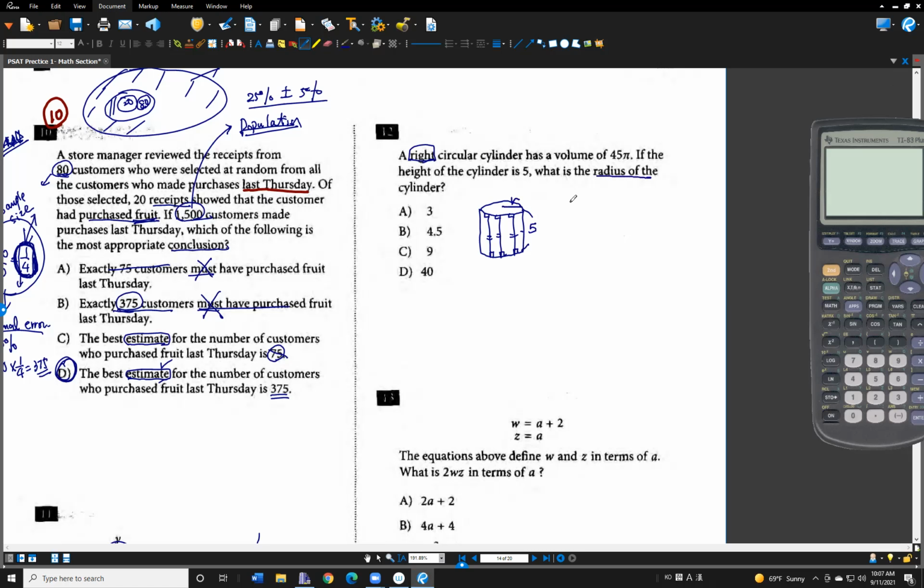Pi r squared times 5, that's the height, equals the volume. You understand, right? Pi r squared h is the volume of the cylinder. So when you divide by 5, 9 pi, pi is out. r squared is 9, r is what? 3, isn't it? So choice A is the answer, okay?